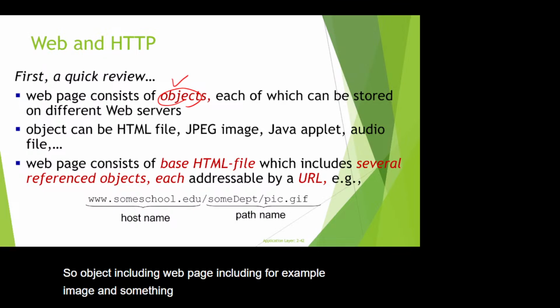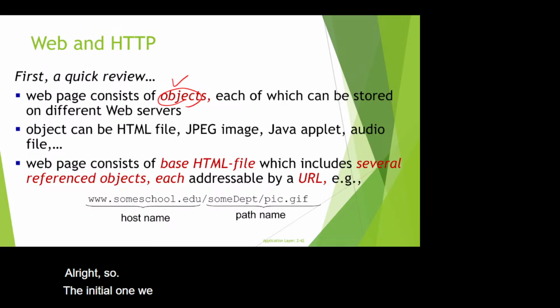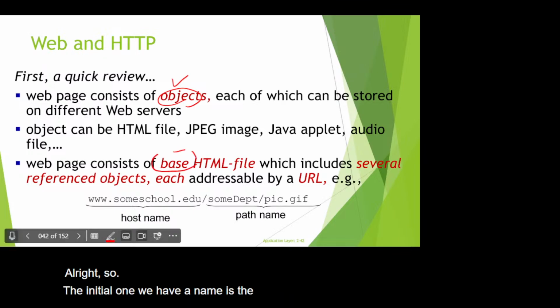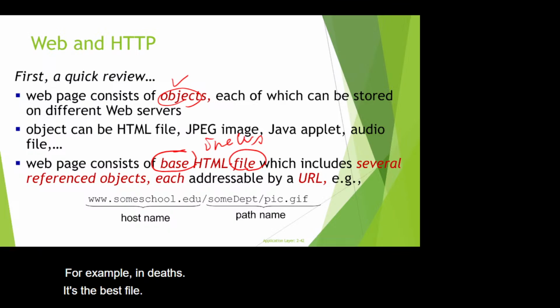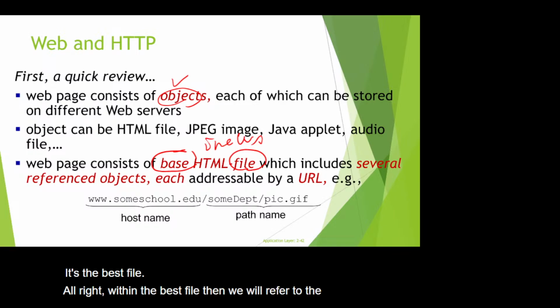So all we call objects. All right. So the initial one, we have a name. It's the base file. For example, index, it's the base file. Within the base file, then we will refer to the other objects.